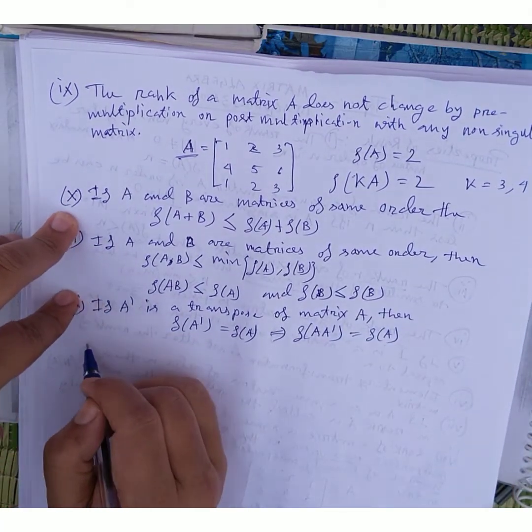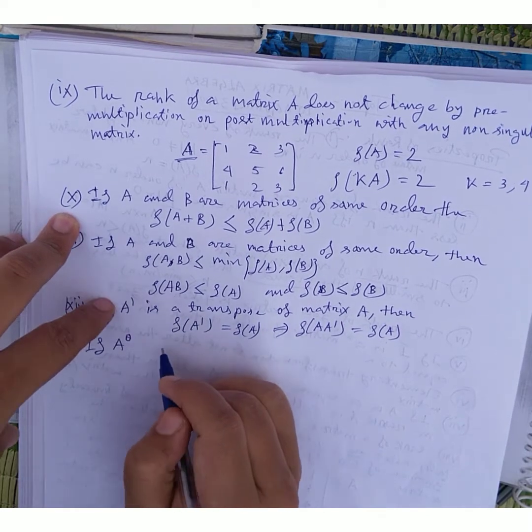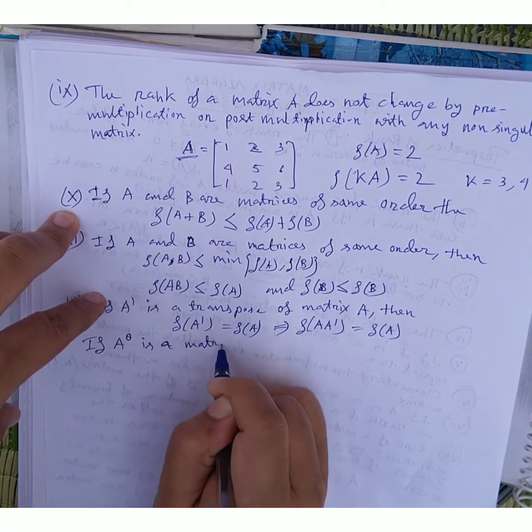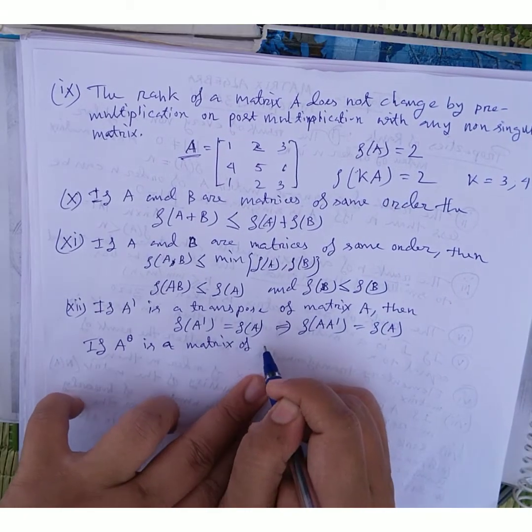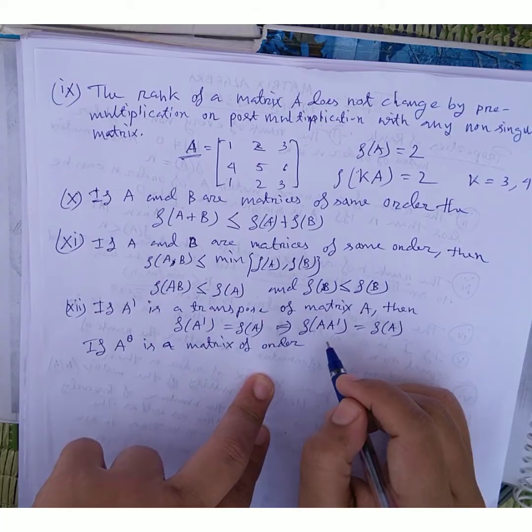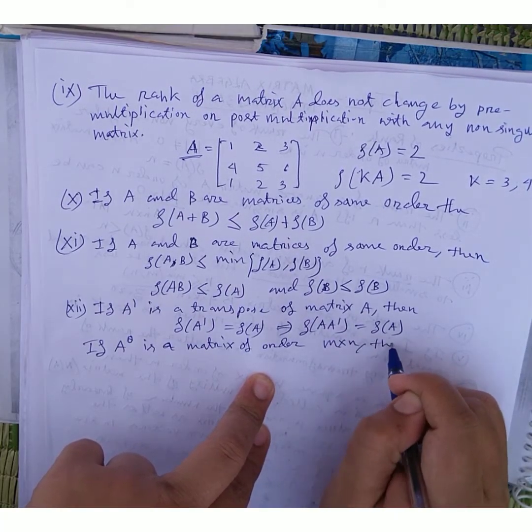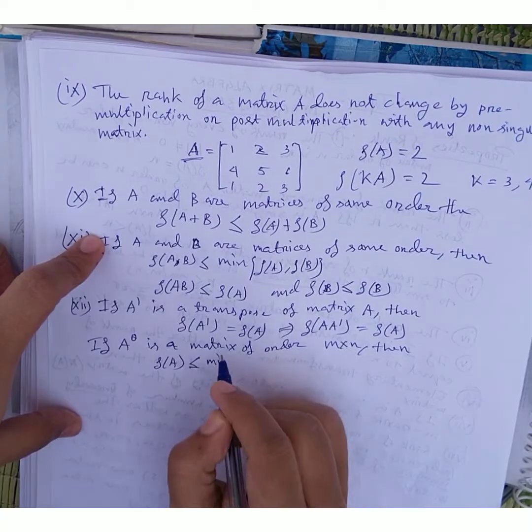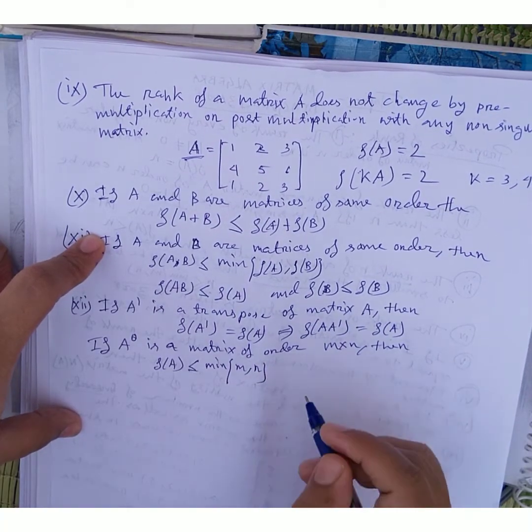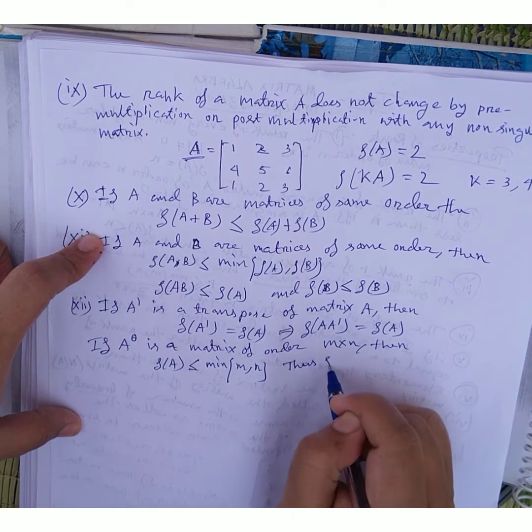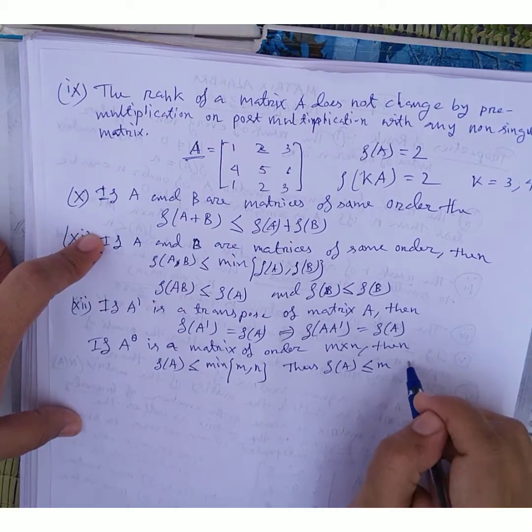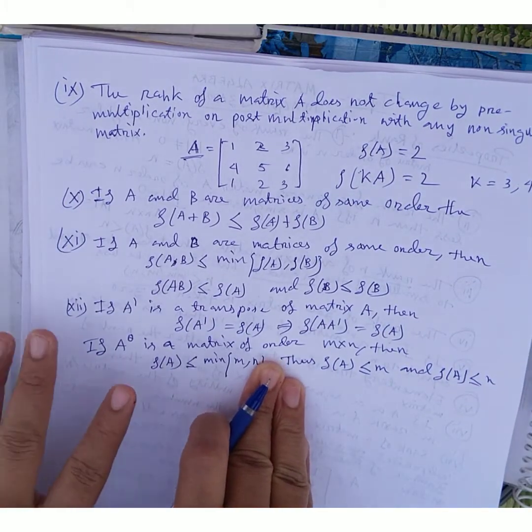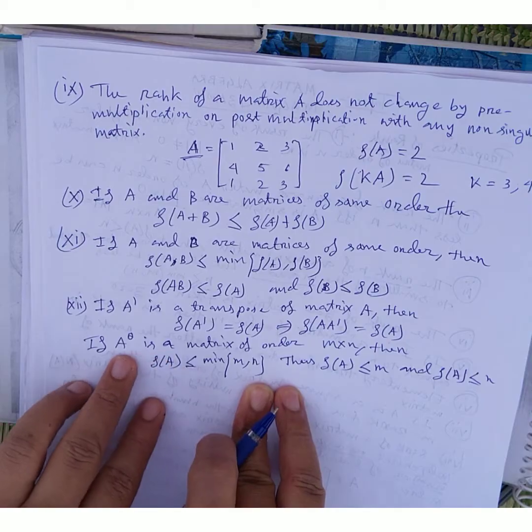And if A is a matrix of order m cross n, then the rank of A is less than or equal to the minimum of m and n. That is, the rank of A is less than or equal to m and the rank of A is less than or equal to n, which I described.